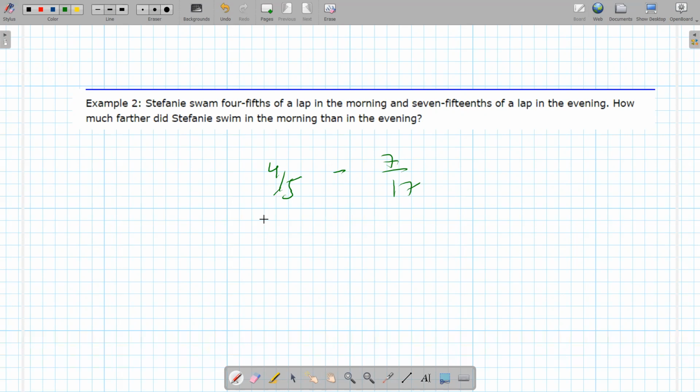When in doubt, just multiply them, okay? That always works. So 17 times 5 is 85. So we need to multiply this by 5 and multiply this by 17. Well, this one's easy. 7 times 5 is 35.